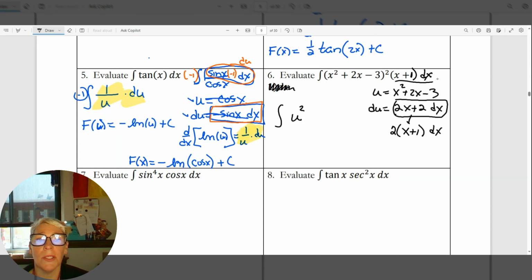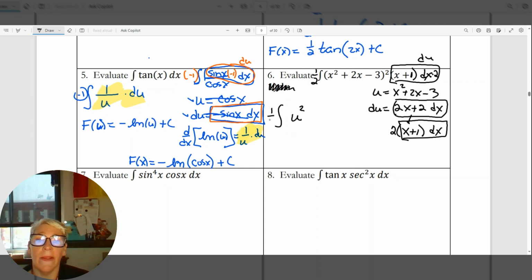Oh, x plus 1 dx. The only thing missing from my du is a 2. So I'm going to put in the 2 to make my du and compensate by also multiplying by a half.